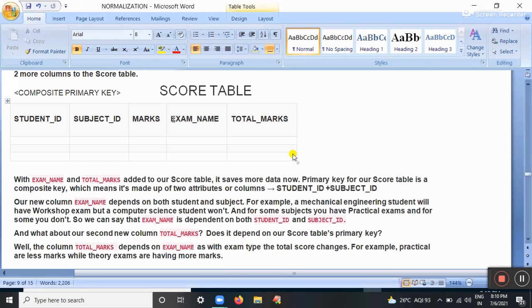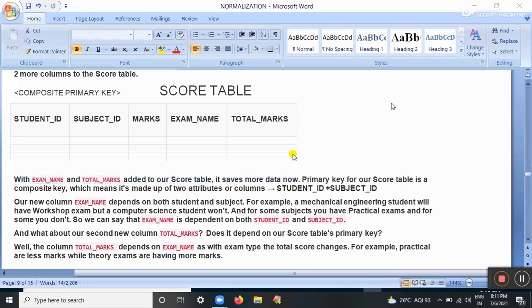Just observe the explanation I have given below. Observe that the primary key for our score table is a composite primary key, which means we made it up of two attribute columns, student ID and subject ID. Our new column, examination name, depends on both student and subject.